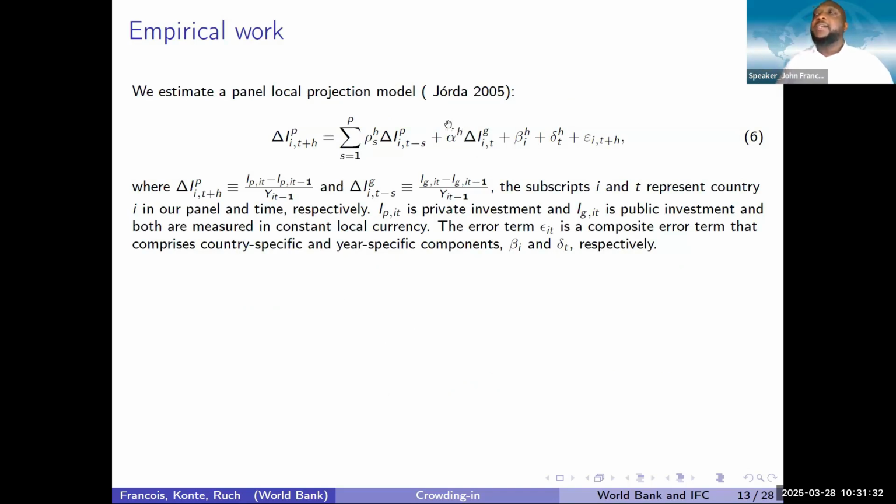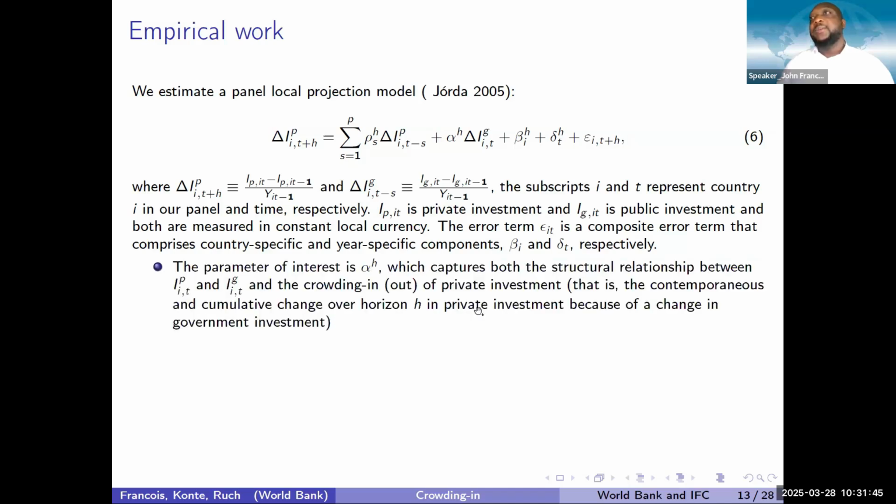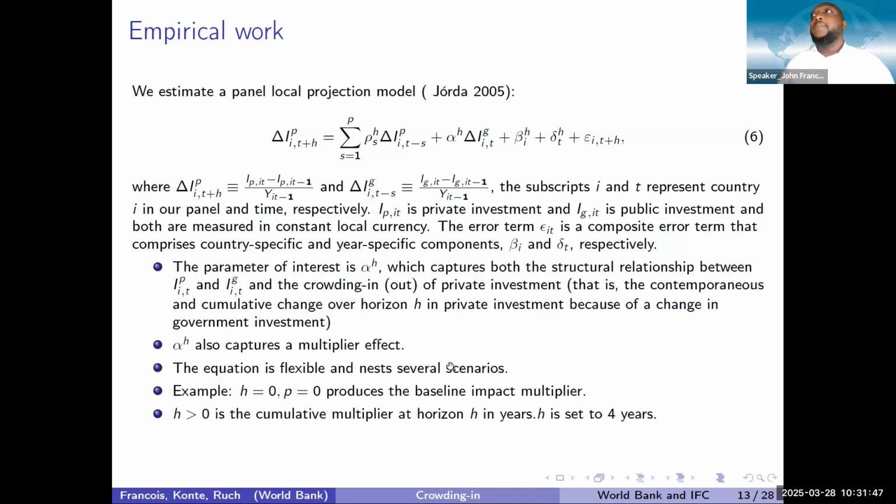The key parameter that we are looking at is this alpha here, which captures the complementarity between public and private investment, but also captures the crowding in effect that I'll explain in a second. A positive value means that there's crowding in, and hence an increase in public investment crowds in private investment. It also speaks about the complementarity between public and private investment.